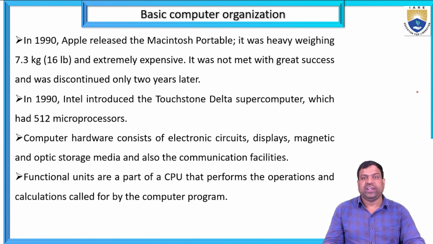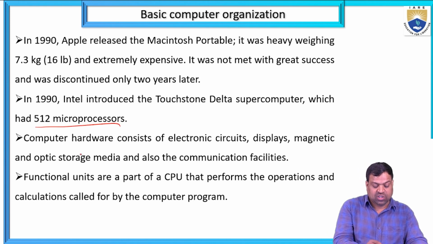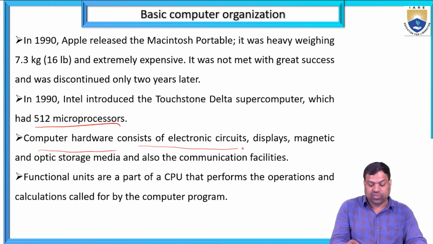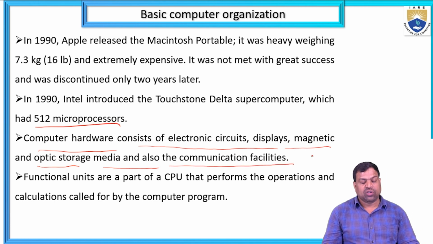In 1990, Intel introduced the Delta supercomputer, which had 512 microprocessors. Computer hardware consists of electronic circuits, displays, magnetic and optical storage media, and also communication facilities. Electronic circuits means transistors and integrated circuits.